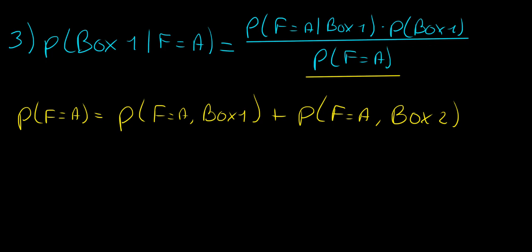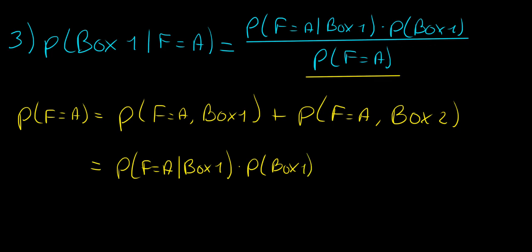Well, if you're wondering how do we know which apple probability to take from box 1 or box 2, we can even rewrite these joint probabilities with the product rule, saying this is actually the same thing as the probability we take an apple given we look in box 1 multiplied with the probability of box 1 plus the probability of an apple given box 2 multiplied with the probability of box 2.